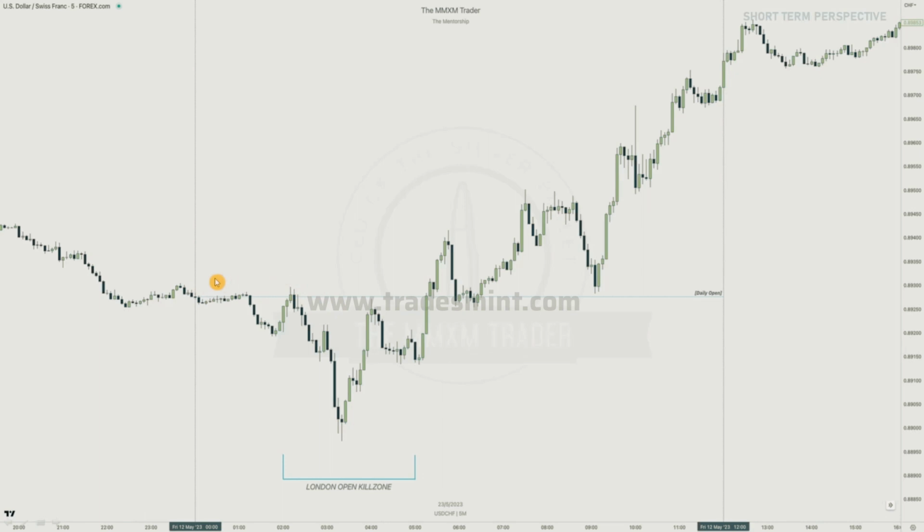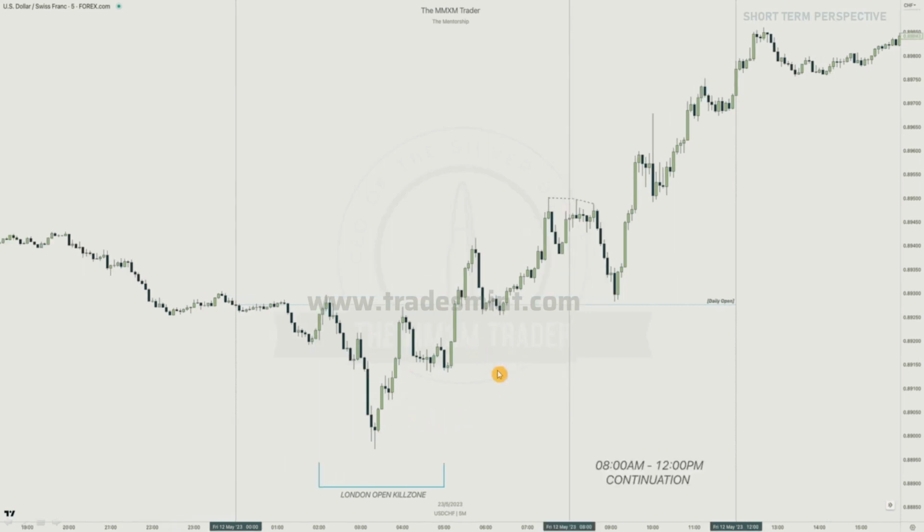So we see clear targets for London kill zone to go up, and hence we create low of the day. So we already have this information, London open, creating low of the day. Now we look for our sweet spot, right? 8 a.m. to 12 p.m. EST, continuation pattern, right? So earlier we talked about that stop hunt, but we cannot see a stop hunt right over here.